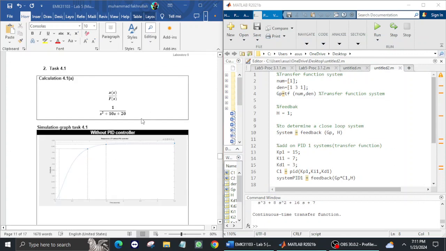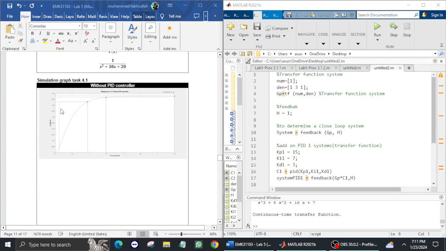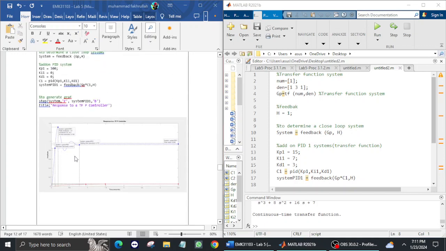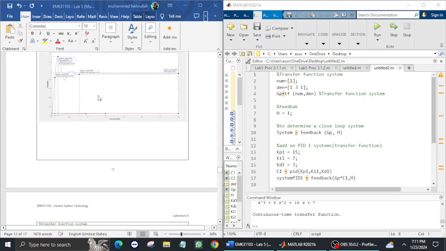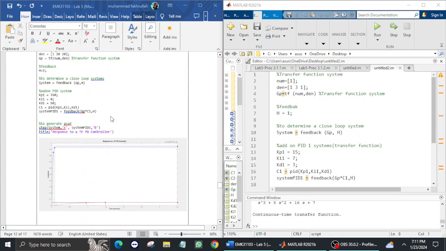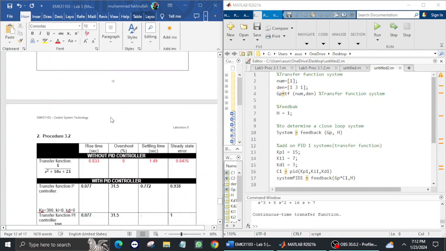For the task, it is also the same. This is my result without the PID controller. This is my coding, and this is my result. When I got this result from the graph, I filled in the table.